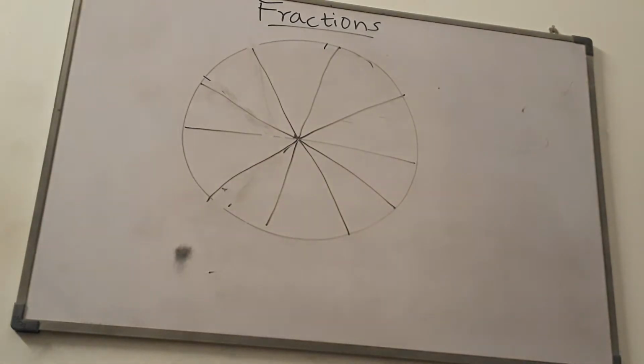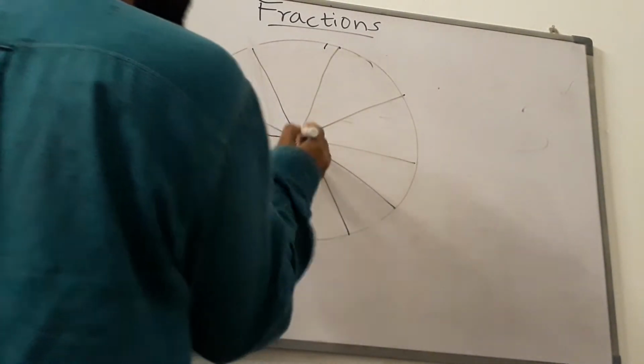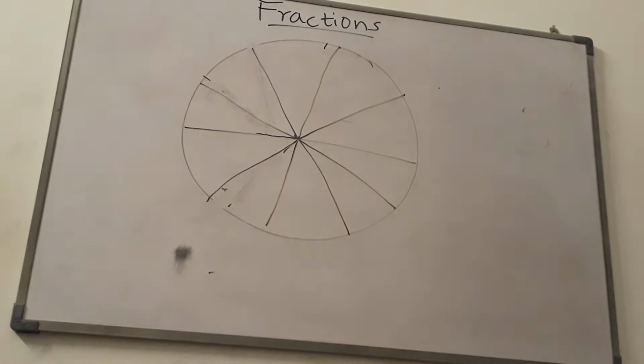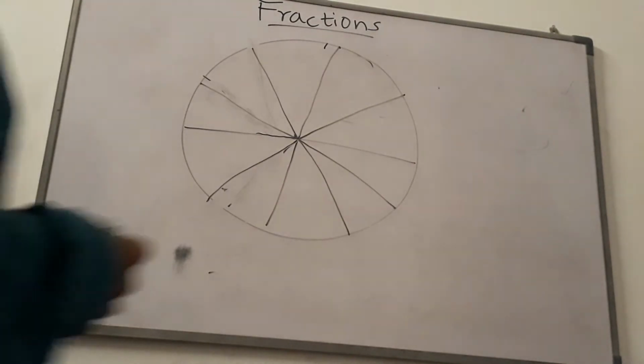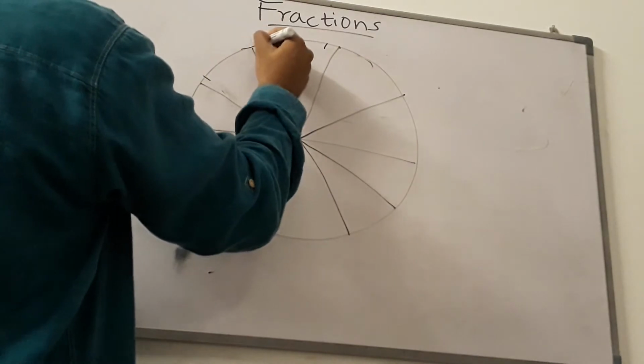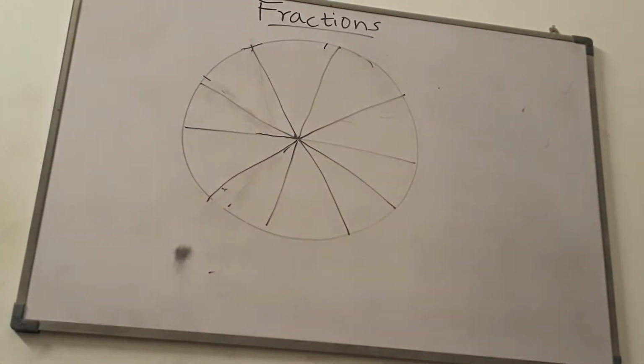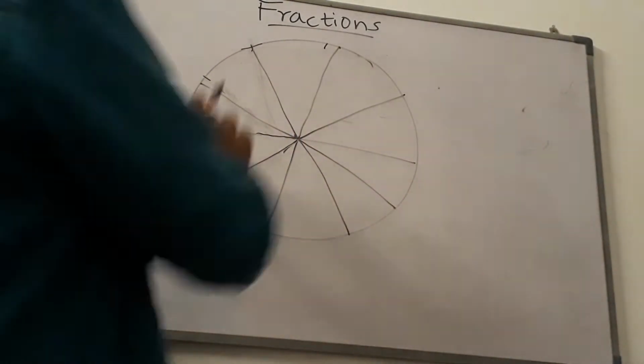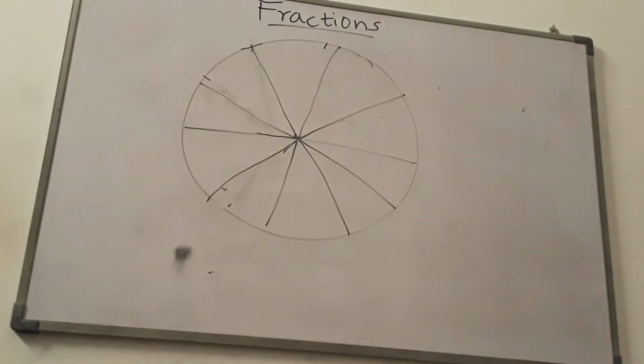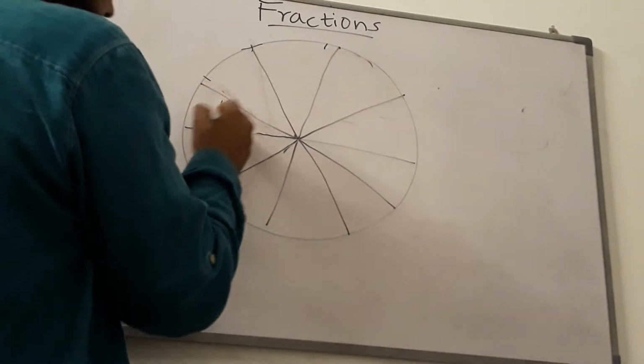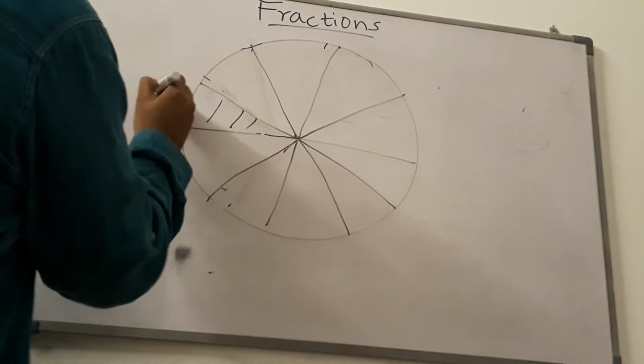Okay. Here this circle is divided into 10 equal parts. It looks like not equal, but just assume that the circle is divided into 10 equal parts. So one part means 1/10.